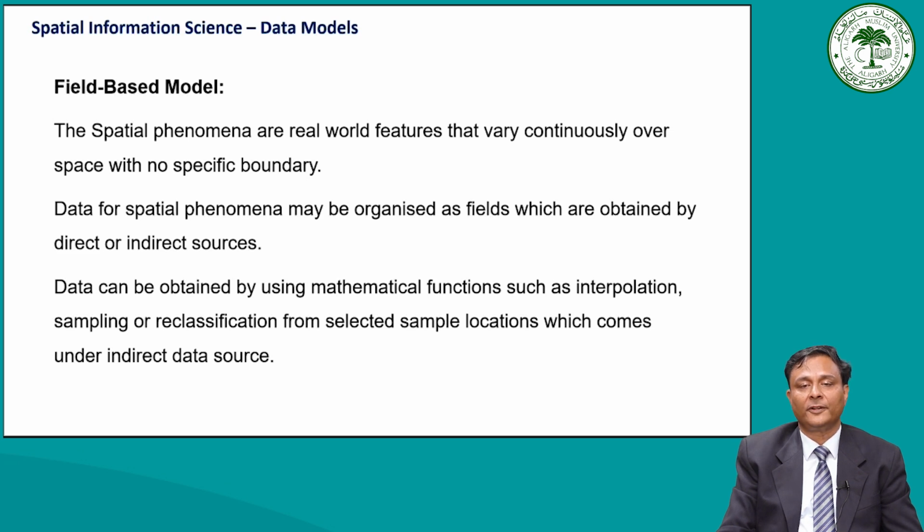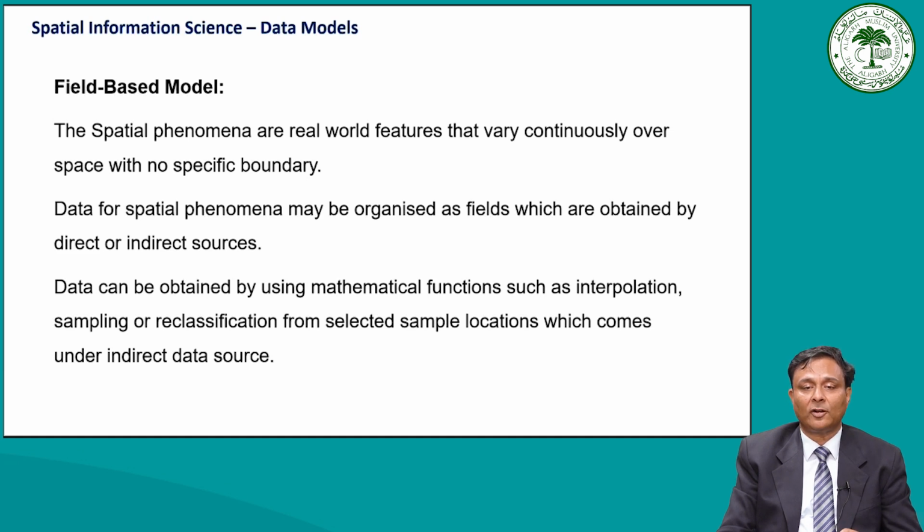Data for spatial phenomena may be organized as fields which are obtained by direct or indirect sources. The source of direct data is, for example, aerial photos, satellite imageries, and also scanning the hard copy maps or even field investigation, which can be made at selected sample locations.